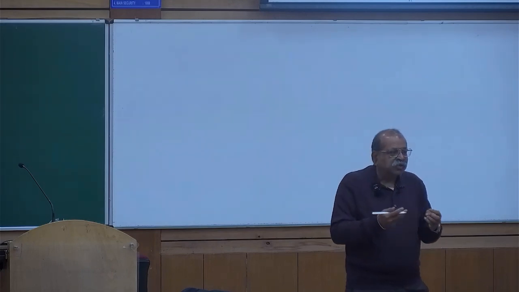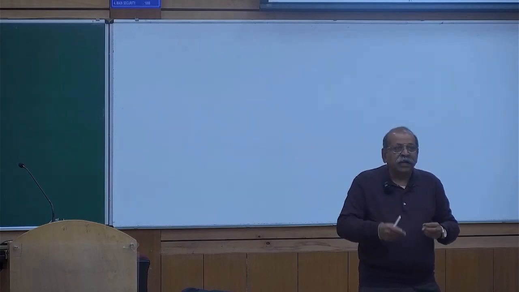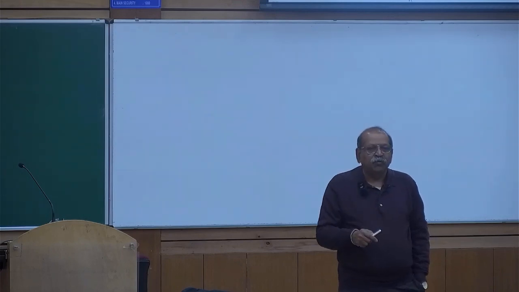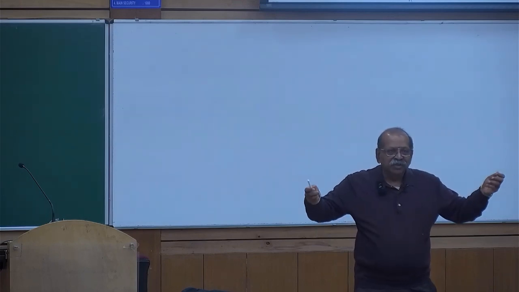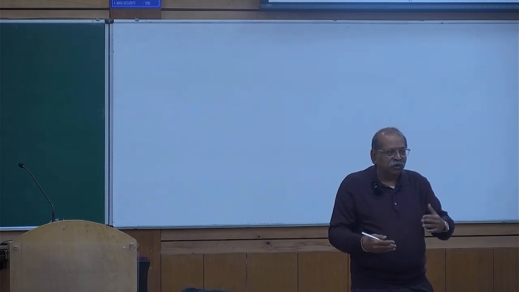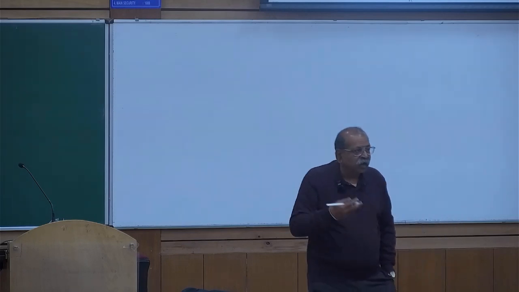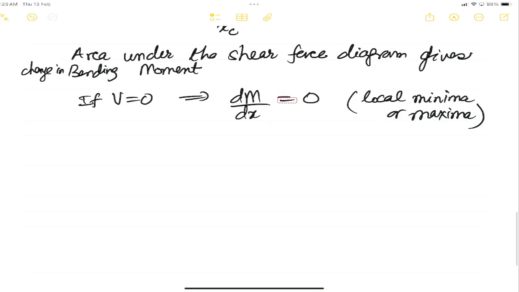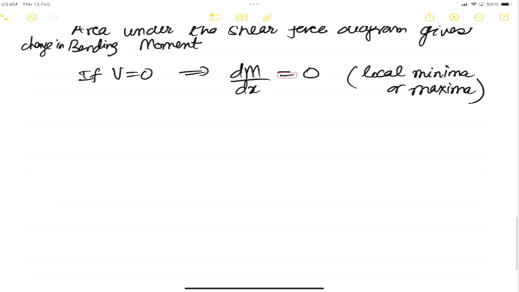So, that is why this becomes in some sense a critical point, because that will give you the absolute maximum value of M, or at the boundaries. Wherever V is 0, that will give you the maximum bending moment.